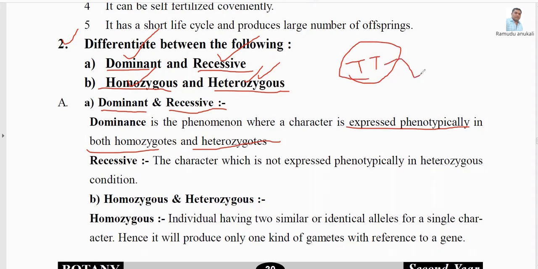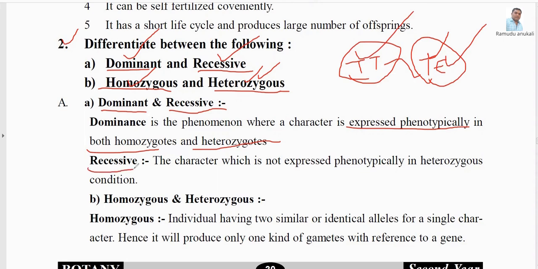When you take their progeny, the F1 having capital T and small t, here also it is dominant because it has the capital T. This is the heterozygous condition, and that is the homozygous. But in both conditions it is expressed phenotypically, so it is the dominant one.